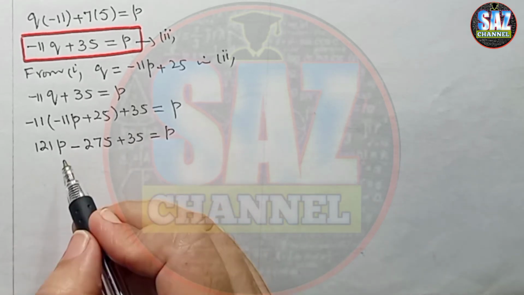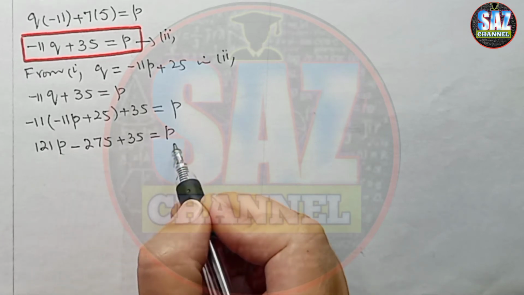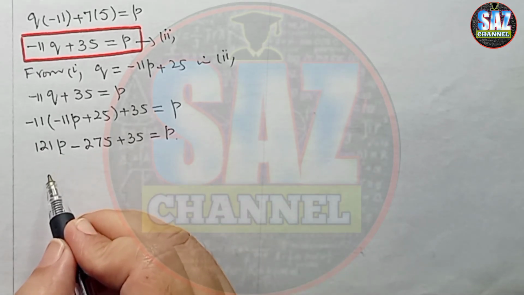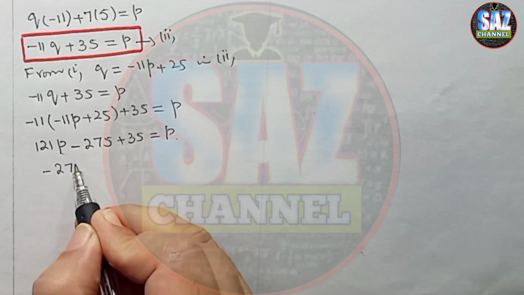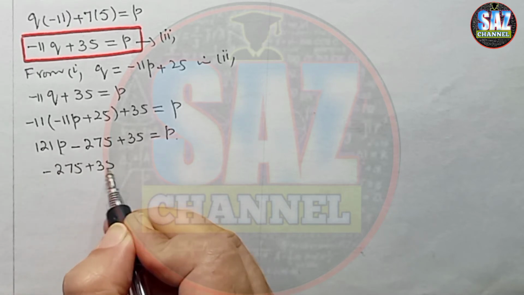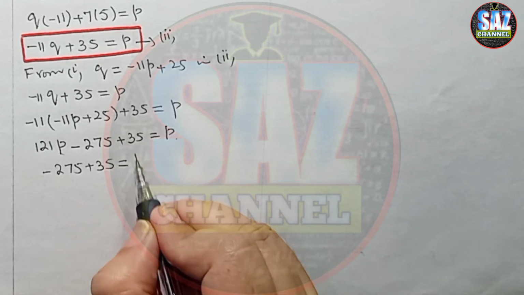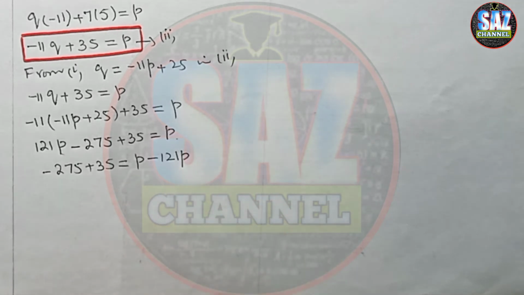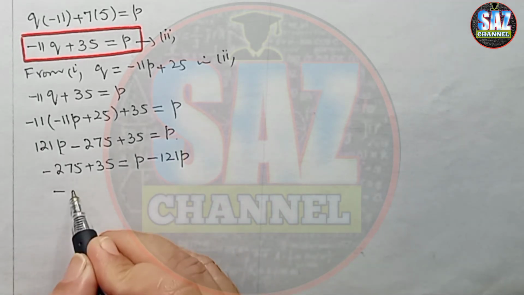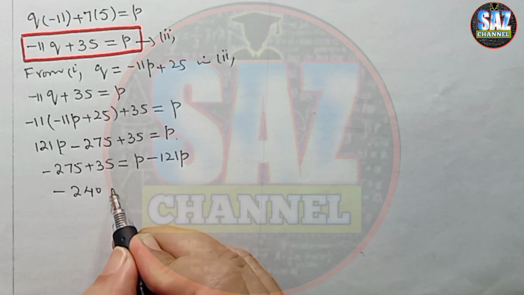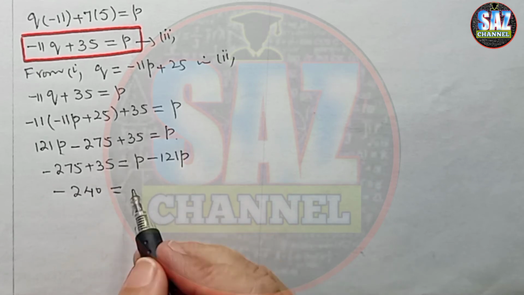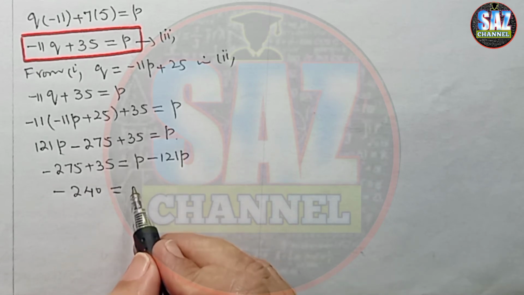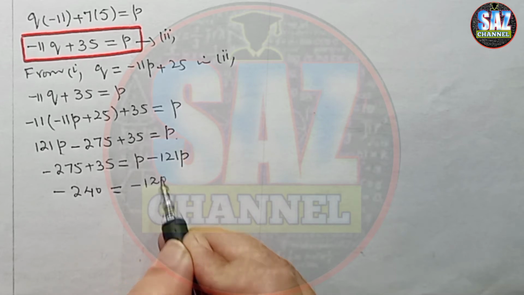Now shift this 121p to the other side and it will become minus 275 plus 35 equals p minus 121p. Take away 35 from 275, minus 35, it will give me 240 with negative sign, and 1 minus 121 will give me minus 120p.